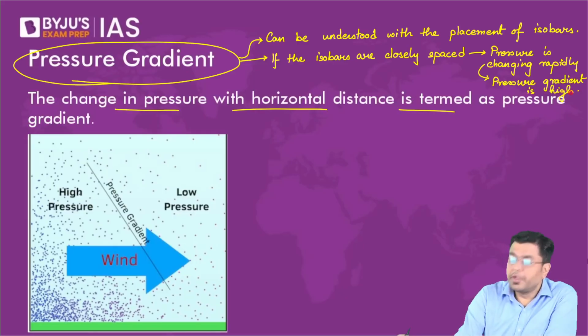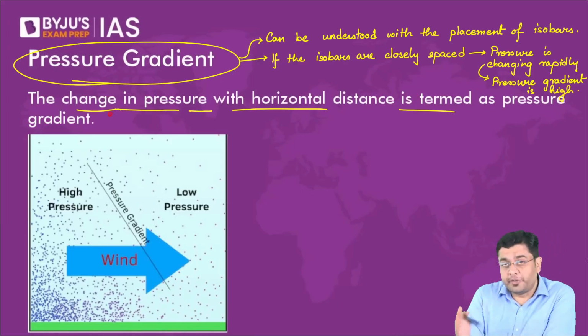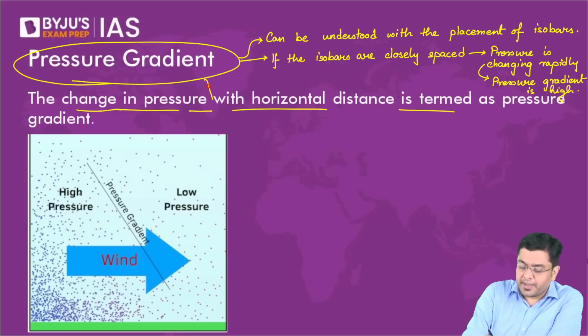That is because pressure gradient is indicated as the change in pressure. So if the isobars are closely spaced with each other, that means the pressure is changing quite rapidly. That means the pressure gradient is high.